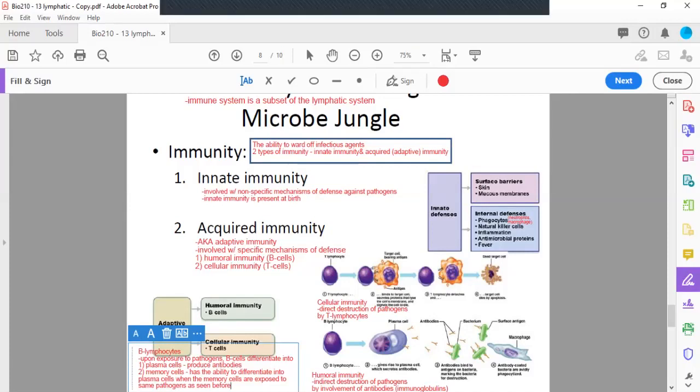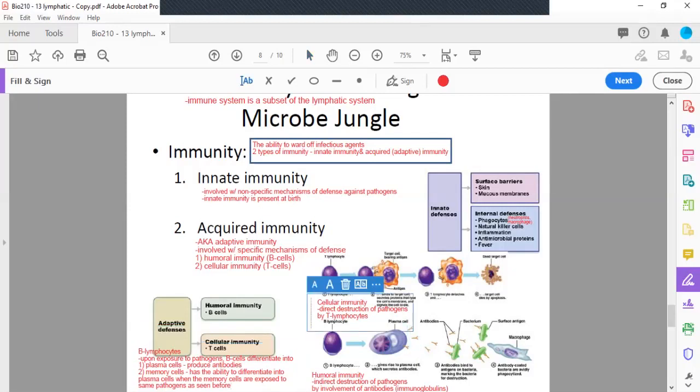So, in a nutshell, we can say that humoral immunity is indirect destruction of pathogens by the involvement of antibodies. The B lymphocytes, upon exposure to pathogens, differentiate into plasma cells, and the plasma cells begin to make antibodies.